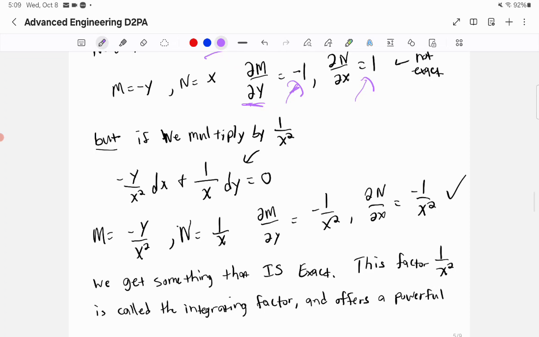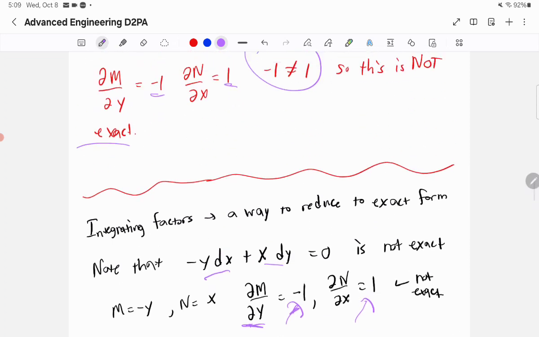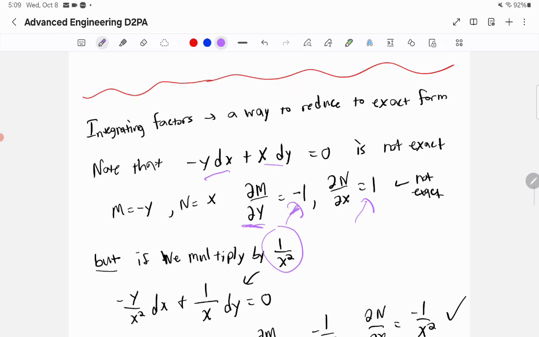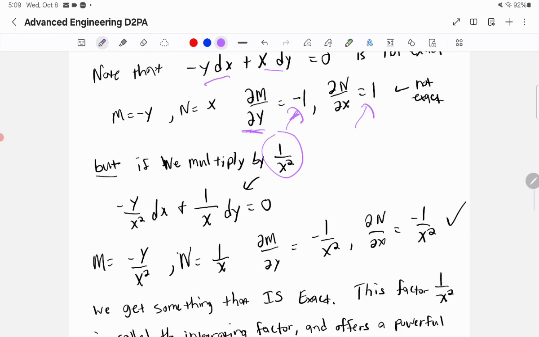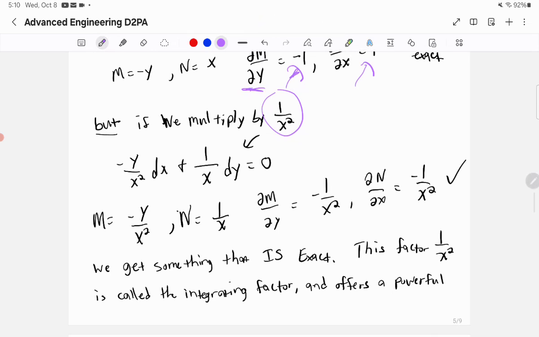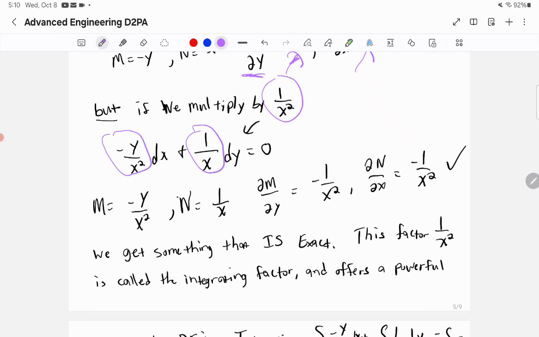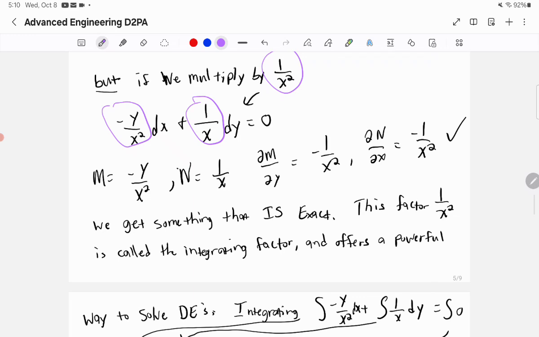But notice that if I multiply both sides by 1 over x squared, which is fine, since multiplying both sides of the equal sign by this is the same as multiplying by 1, then I have minus y over x squared here and 1 over x here as my M and N. And if I take the partial derivatives, they actually end up being the same in this case.